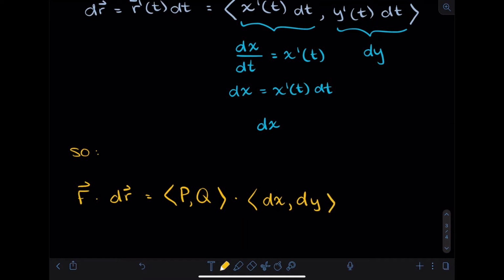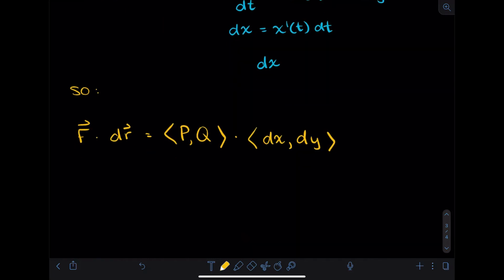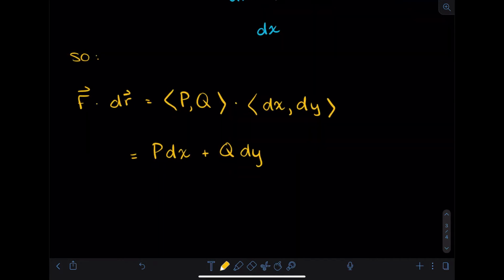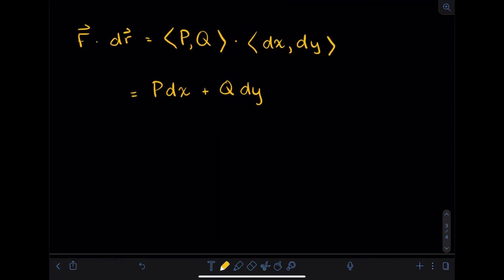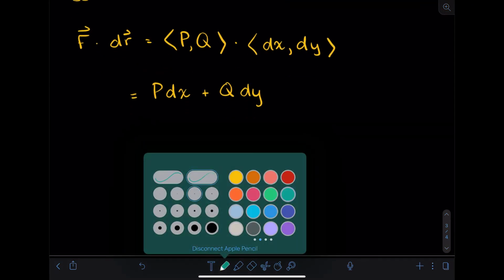And why is this useful? Well, consider what the dot product of these two actually works out to be. It ends up being the function P dx, and adding to that, the function Q dy. And that should look very familiar to you, because this is exactly what we did in an example previously when we were looking at scalar fields. This is a combination of coordinates. So what do I mean?